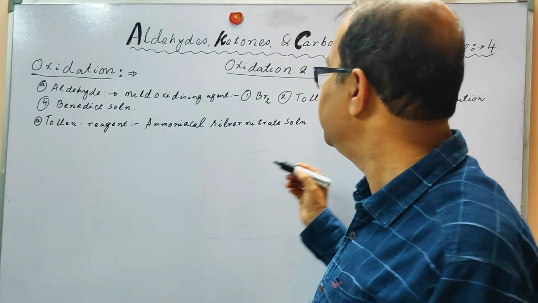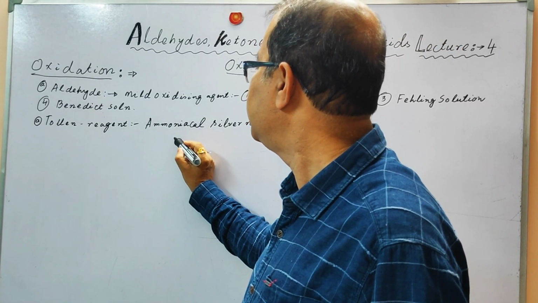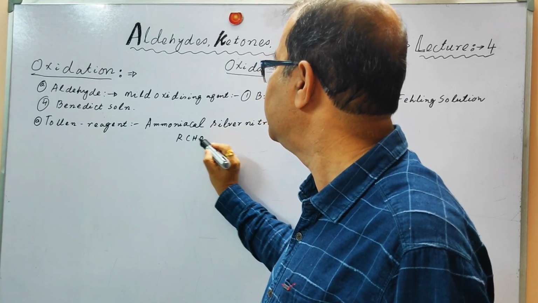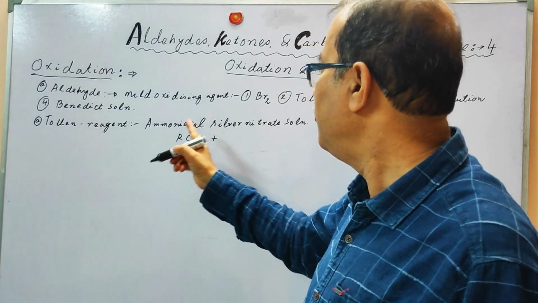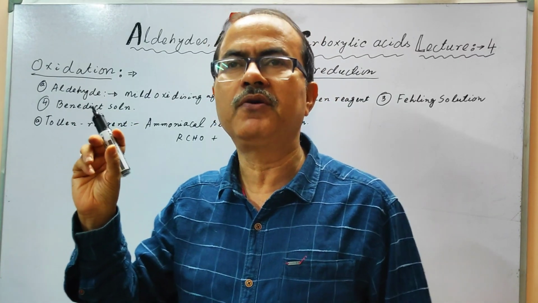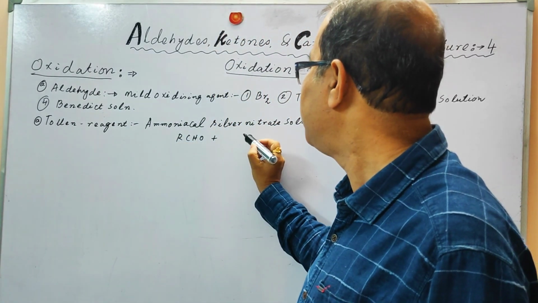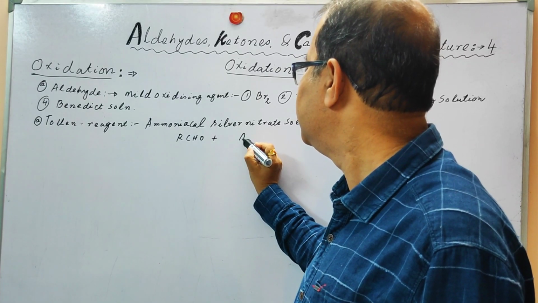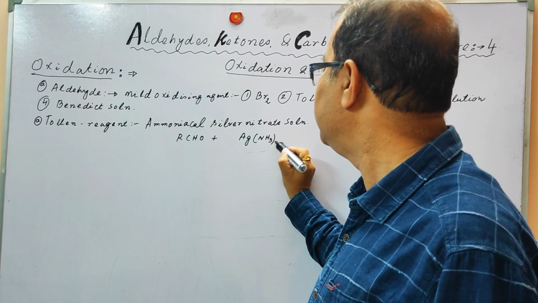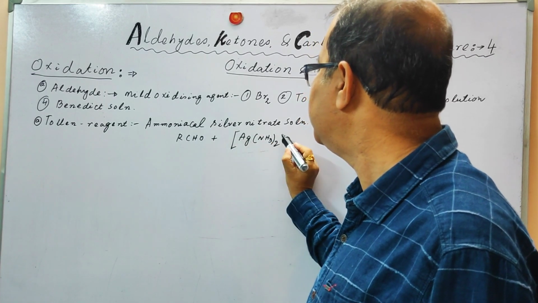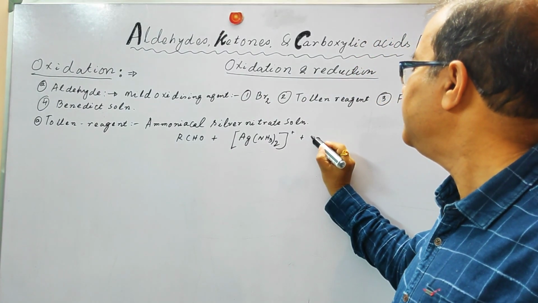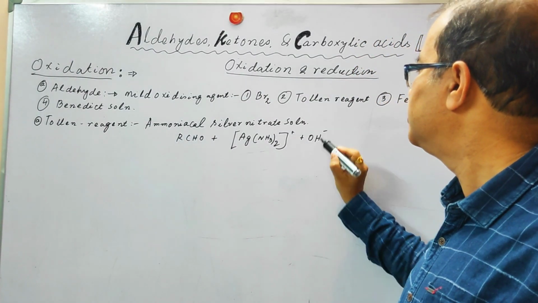The reaction, let us understand. Suppose this is RCHO, the aldehyde, then the ammoniacal silver nitrate solution, we take the ions. That is basically a complex compound, Ag(NH3)2 plus, with a positive charge, and the reaction is carried out in alkaline solution.